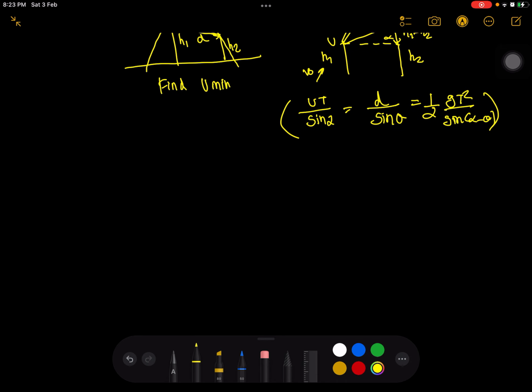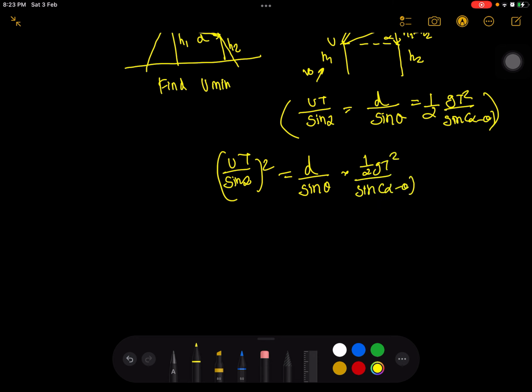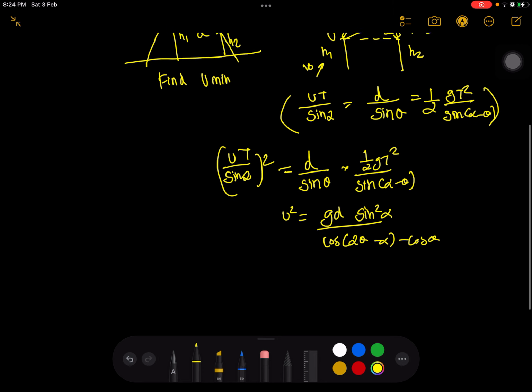Now if we square this, ut by sine alpha whole square is equal to d by sine theta into half g t square by sine of alpha minus theta. You get u square equal to g d sine square alpha by cos of 2 theta minus alpha minus cos alpha.